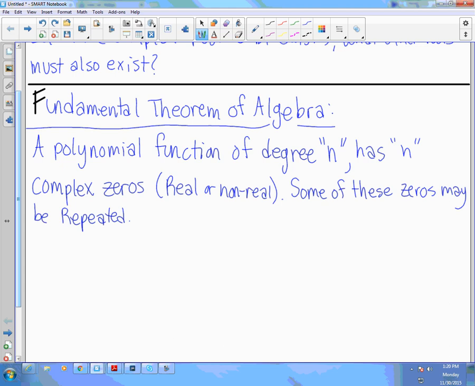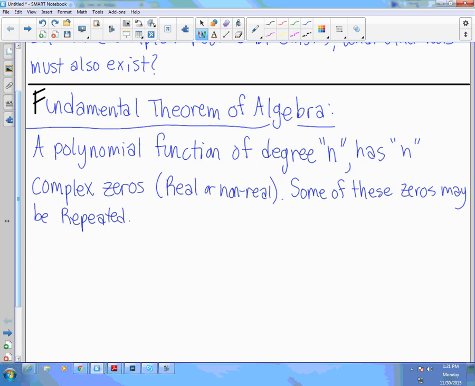So this says a polynomial function of degree n, so for instance the quadratic, that's degree 2, has 2 complex zeros. What are zeros? Solutions, roots, x-intercepts, as long as they're real.